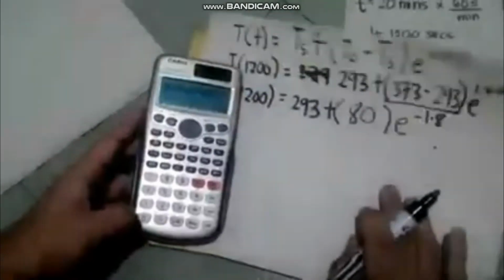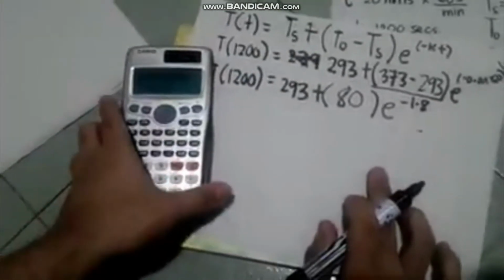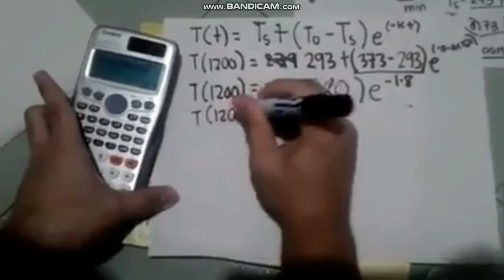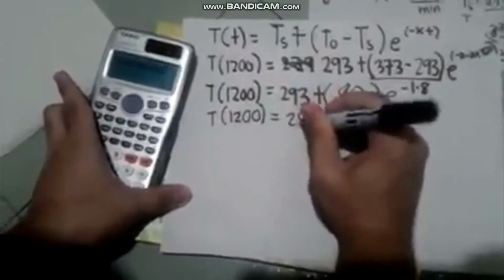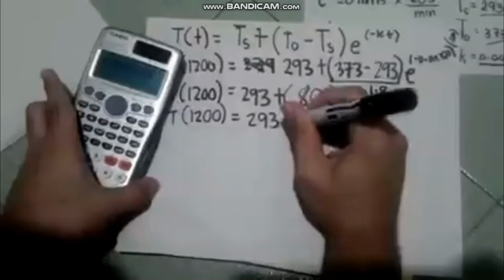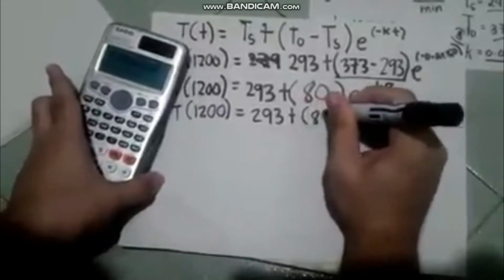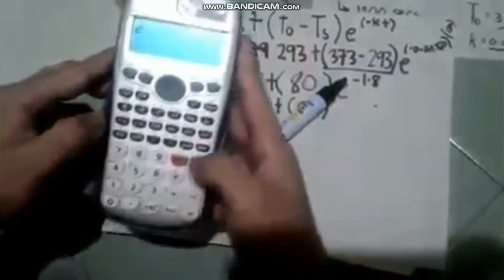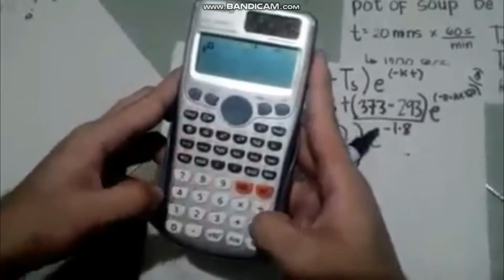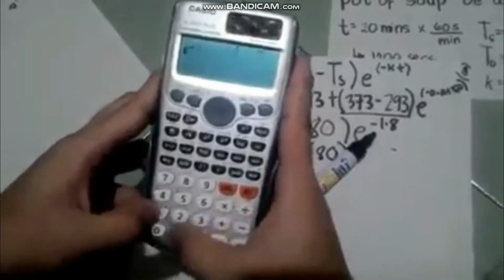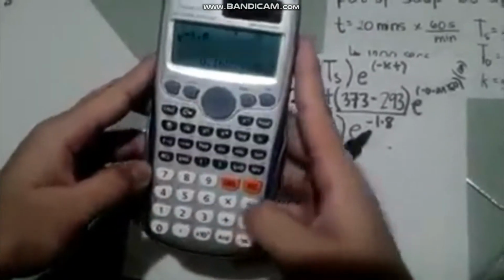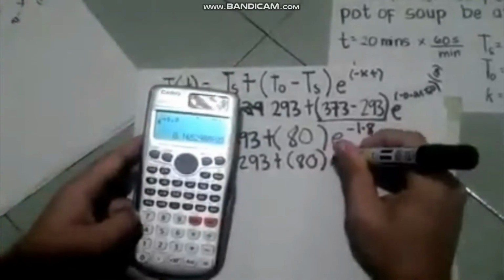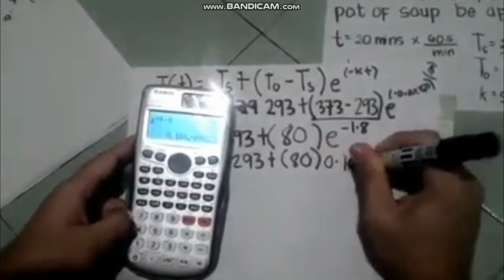Then second, by the rule of PEMDAS, evaluate the exponent. So e raised to negative 1.8 is equal to 0.16.